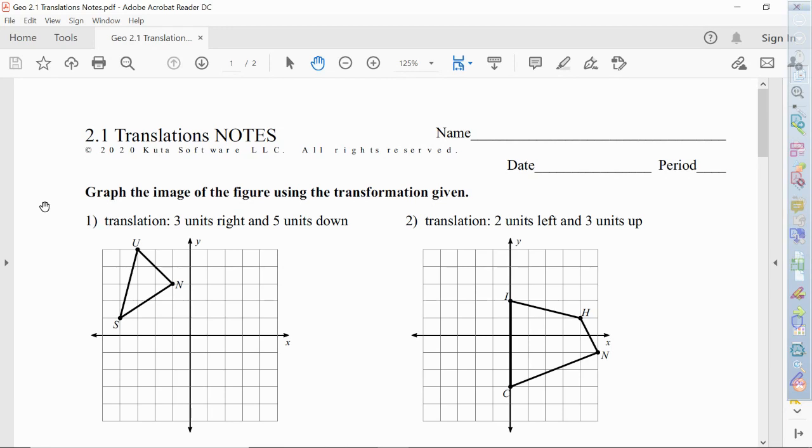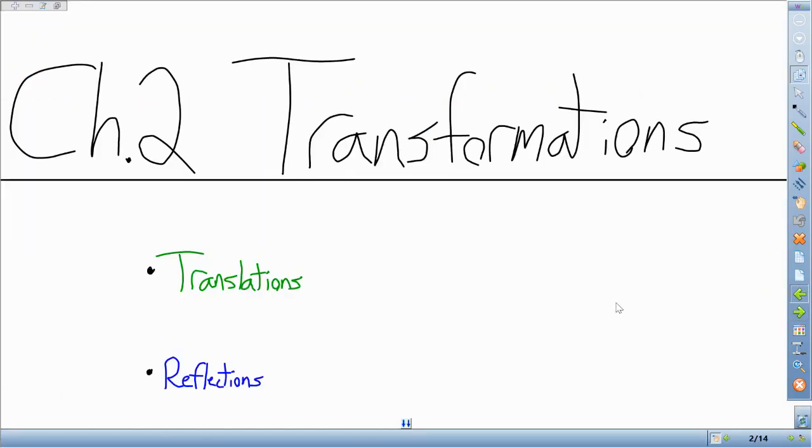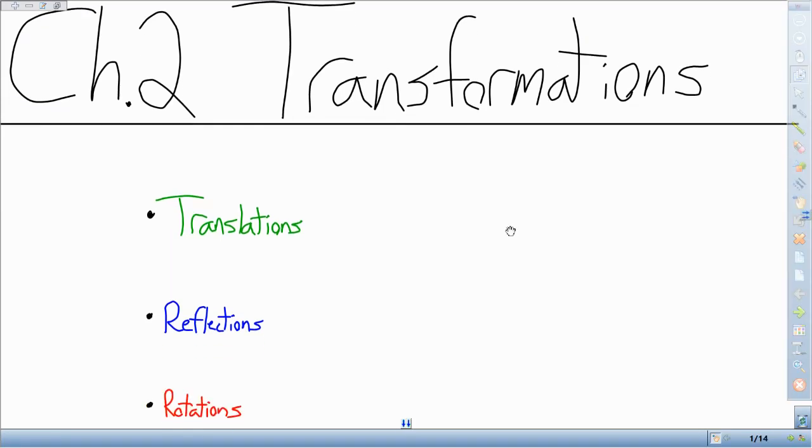Okay, so what we're getting into today is what are called transformations. Chapter 2, by the way, moving on to chapter 2. There are a few main types of transformations we're going to be looking at over the next week or two.